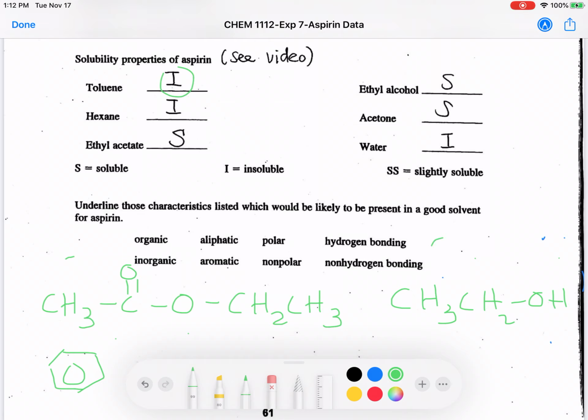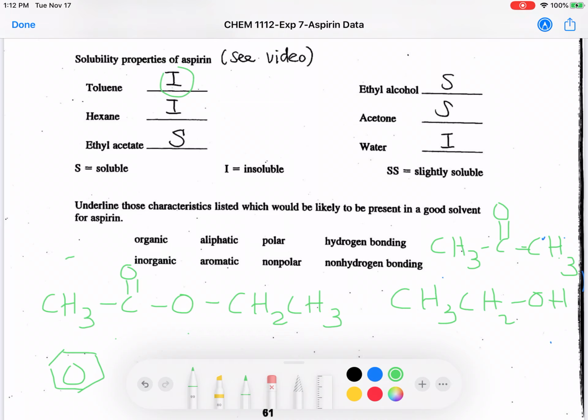Acetone is this molecule, CH3 CO CH3. You sometimes see this in your lab, we used it to clean up our glassware also. Acetone, it's a polar molecule. It doesn't have hydrogen bonding. Acetone, it's a polar aliphatic non-hydrogen bonding. That is also soluble in that. And then the water, insoluble.